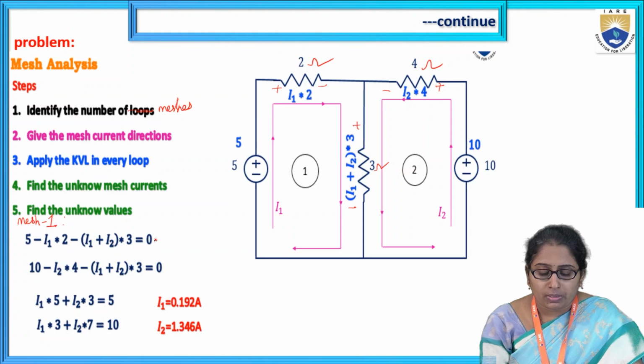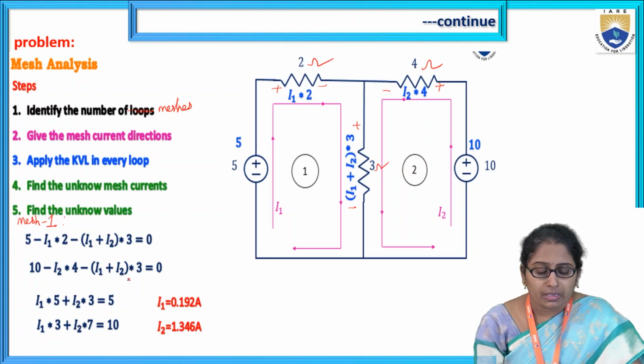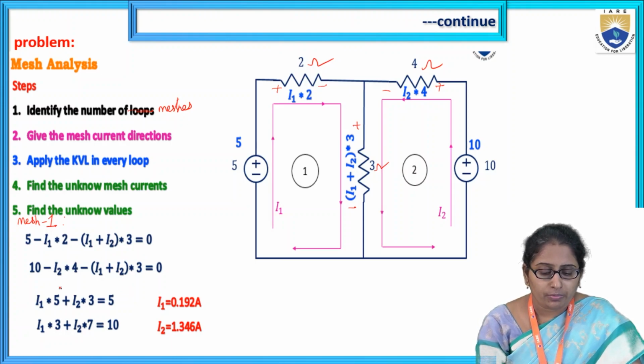That is the mesh 1 equation. Now simplify further: 5I1 plus 3I2 equals 5. Call that equation 1.